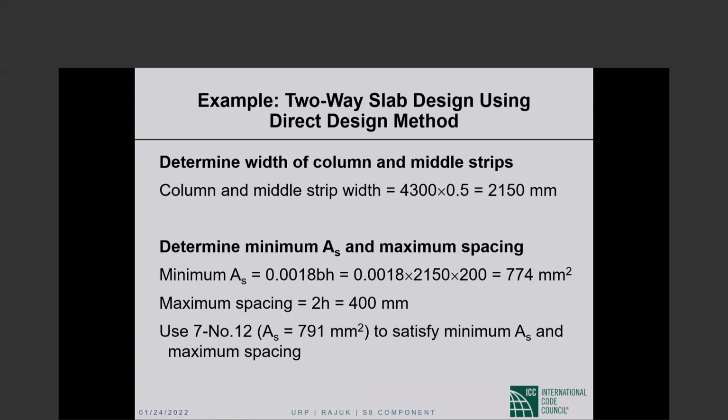So we cannot ever provide in this slab less than 7 number 12 in either the column strip or the middle strip. Both have a width of 2150 millimeters.